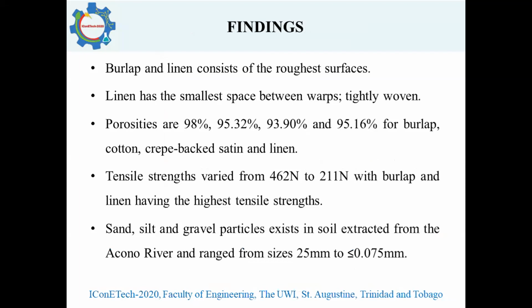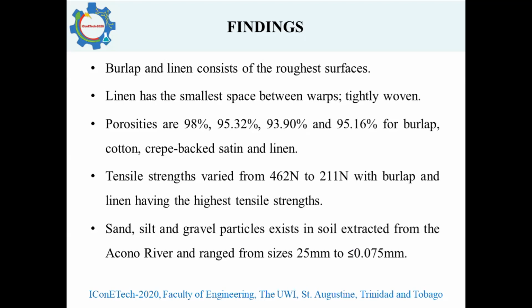After all the analysis, burlap and linen consisted of the roughest surfaces. Linen has the smallest space between wefts, which means that it was tightly woven. The porosity also varied, with burlap being the most porous at 98%, followed by the cotton, and then finally the satin.